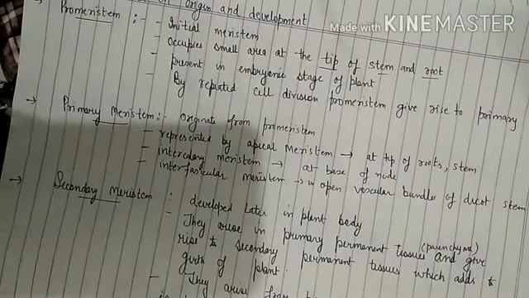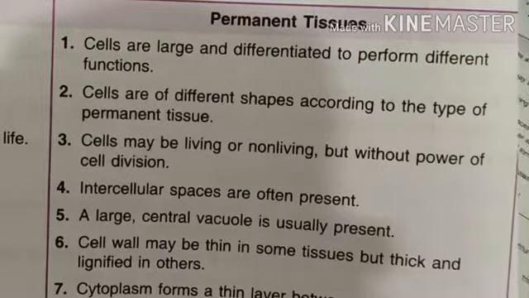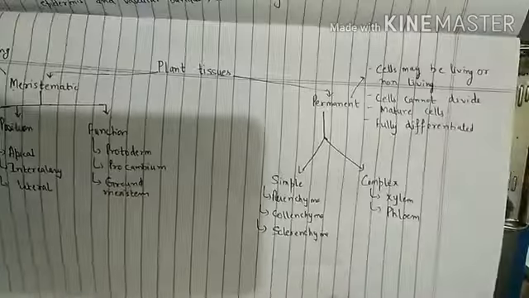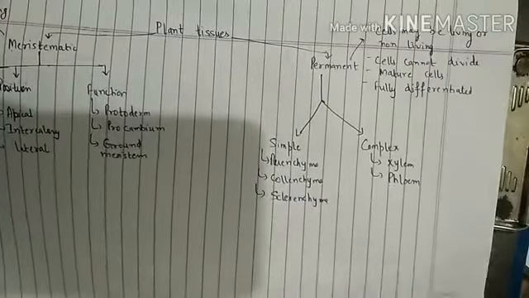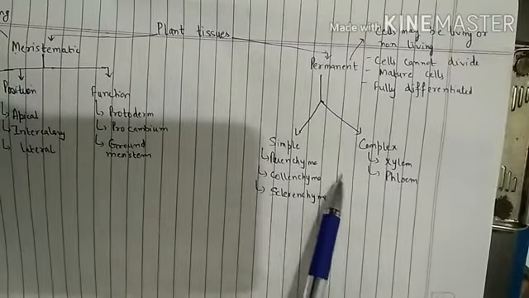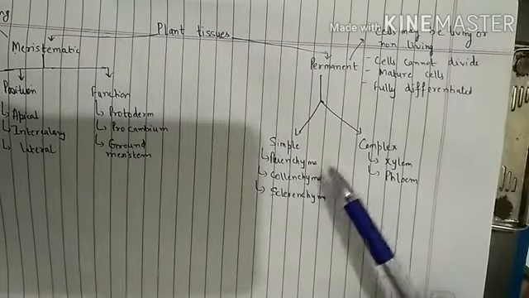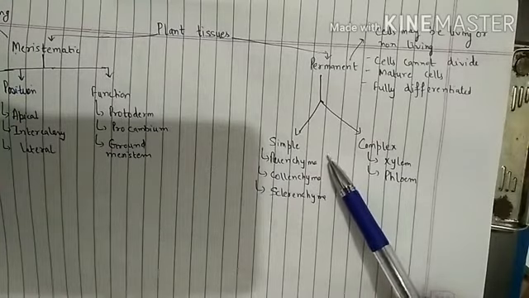Now let us study the next one, that is permanent tissue. Permanent tissues have lost the ability to divide and multiply, and now the cells have assumed a definite shape and size to carry out a specific function.